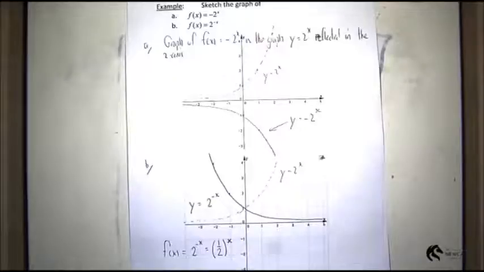So something like 10 to the x would be very steep. But as I say, all exponential functions have that same basic qualitative shape. So in part A, you can see here again, the domain is the set of all real values. The range is the set of y values greater than 0, same as before.